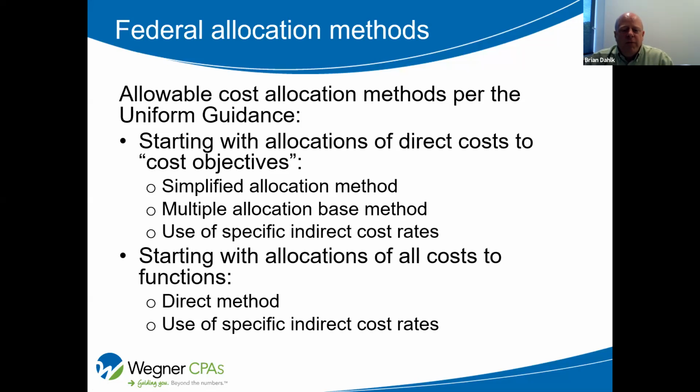The uniform guidance lists a few methods that are explicitly allowable, which are known as the simplified allocation method, the multiple allocation-based method, and also the use of specific indirect cost rates. Another method that the uniform guidance says is acceptable is called the direct method. And we'll get to that too. We start with a different set of numbers using the direct method than we do with the other methods.